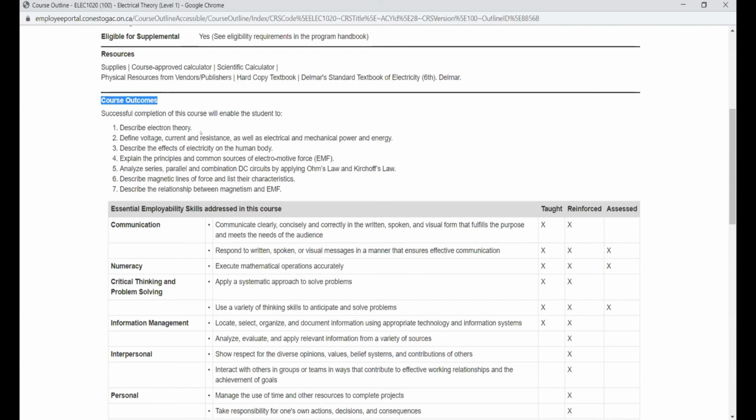Once you can master all these formulas, when it comes to troubleshooting in the field, that's going to make your life easier. Also, this is something very short, which is on the screen, and I've highlighted it: describing the effects of electricity on the human body. We are just going to touch on that. The reason we do that is because we want you to see why rule number 1, whenever we troubleshoot anything, is disconnect.